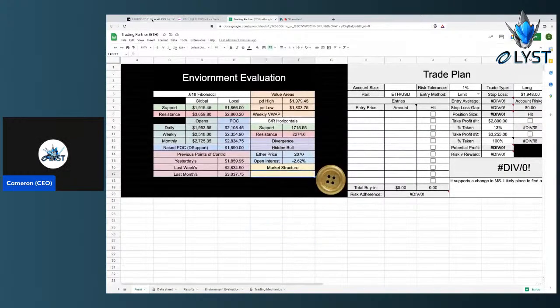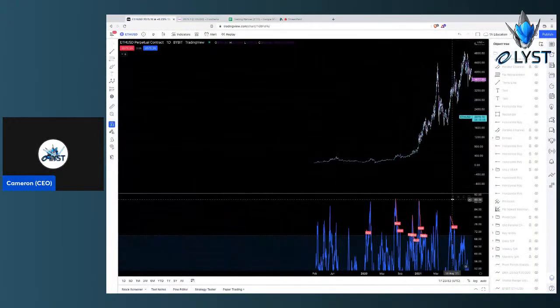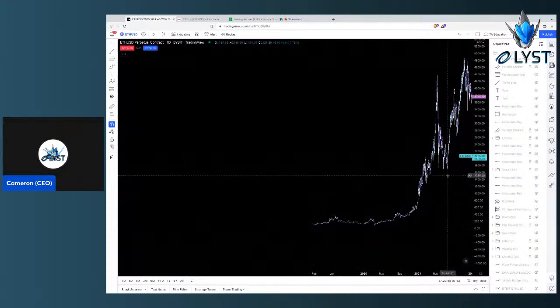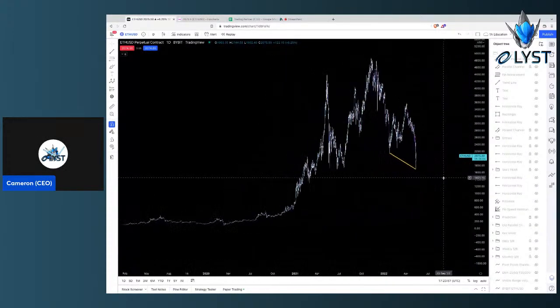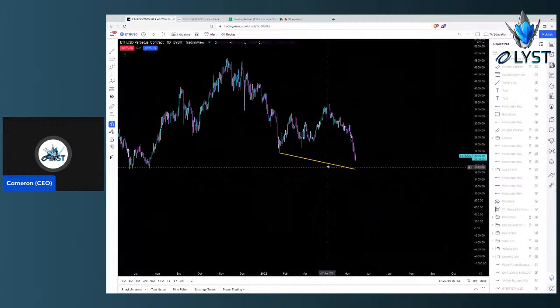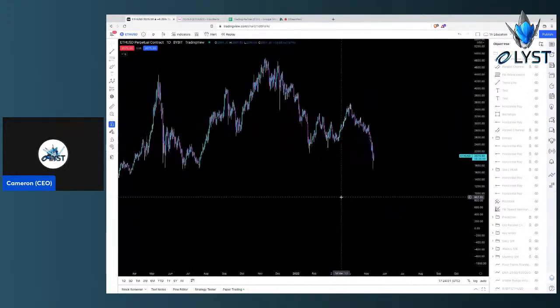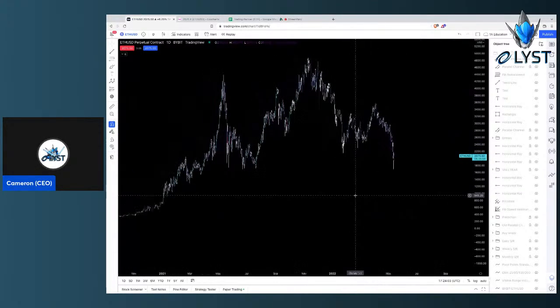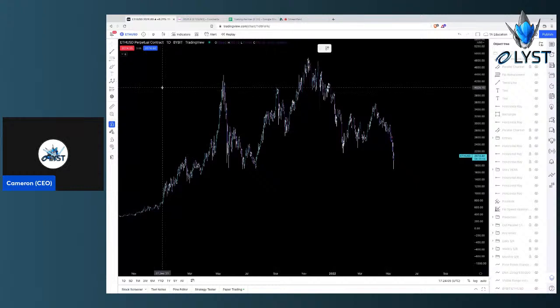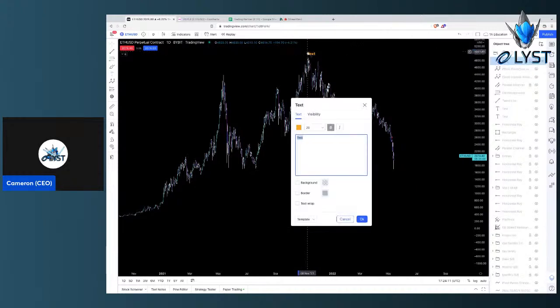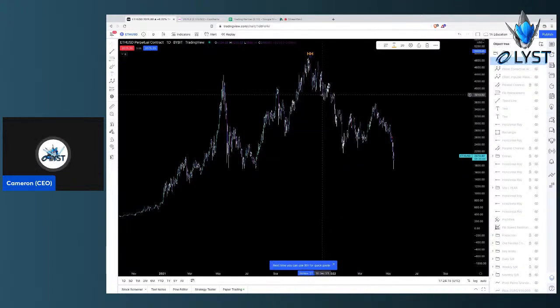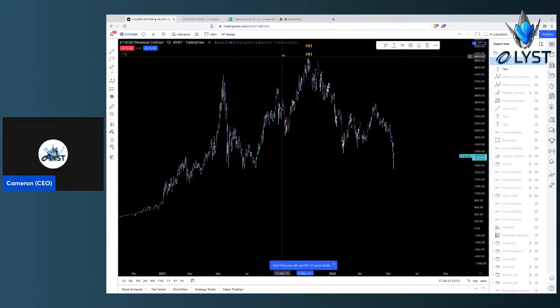Market structure. This was pretty good, and we'd gone over market structure. But we are changing our tone on this, right? So let me take the magnet off. I'm just going to put this up here. So we're going to put in a higher high, right?